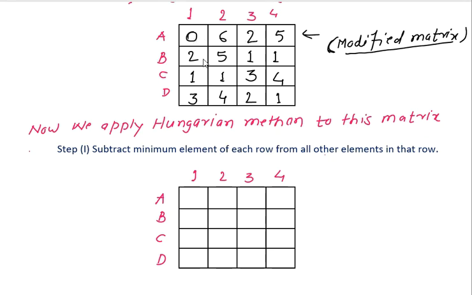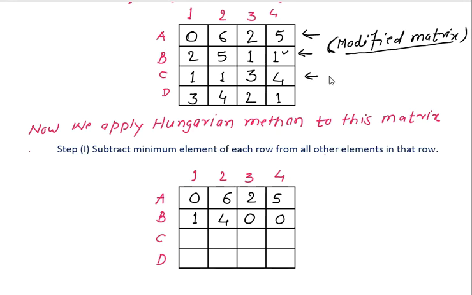Subtracting 0 will not change the elements in the first row, so they are 0, 6, 2, 5. Now in the second row, the smallest entry is 1. Subtracting 1 from all the numbers, we get 2 minus 1, 1; 5 minus 1, 4; 1 minus 1, 0; 1 minus 1, 0.